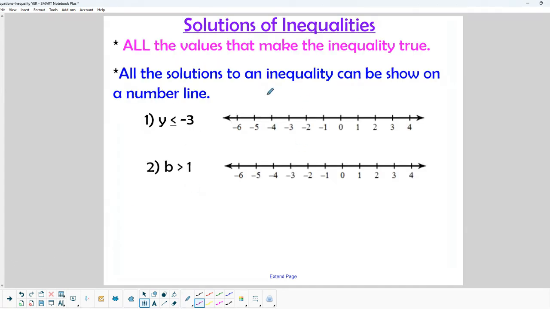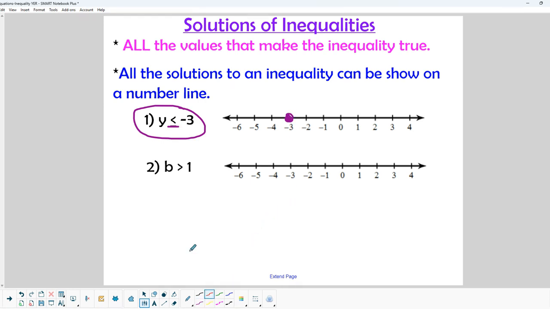Okay, now we're going to talk about graphing them. If I have an inequality that has been solved, and I'm asked to graph it, I look and I see I have y is less than or equal to -3. So I'm going to find -3 on the number line, put a little circle there, and then I have less than or equal to, so there's a little equal sign under there, which means that this dot is going to be colored in.